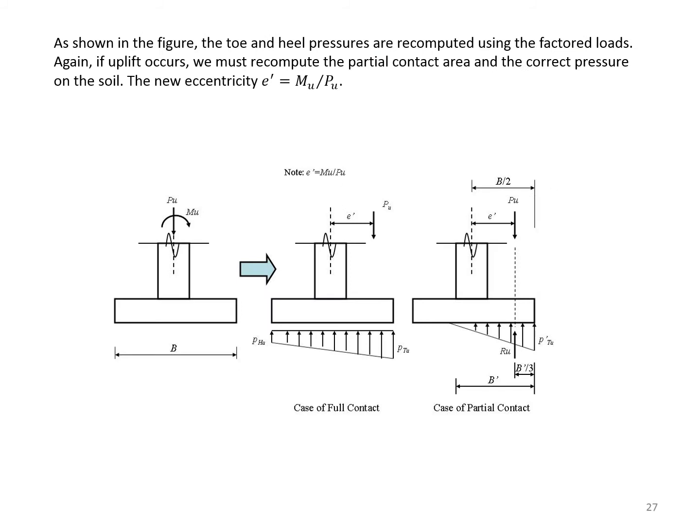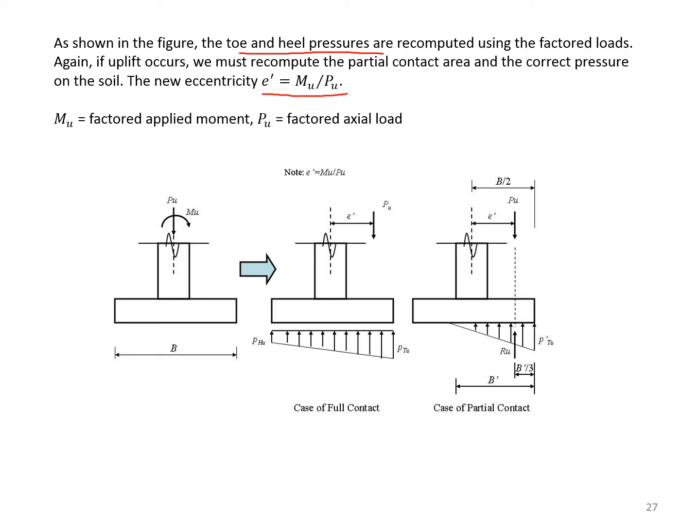Here we'll see calculations again. The toe and the heel pressures are recomputed using the factored loads. Again, if uplift occurs, we must recompute the partial contact area and the correct pressure on the soil. The new eccentricity, we call it E prime, which is Mu divided by Pu. Well, what is Mu and what is Pu?